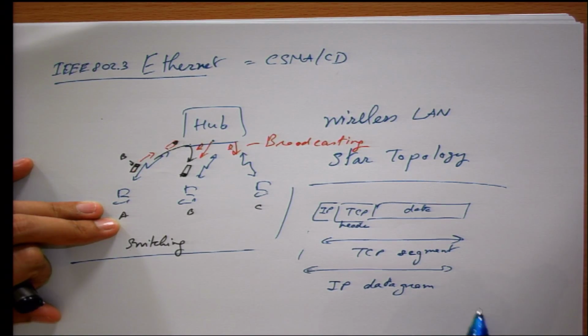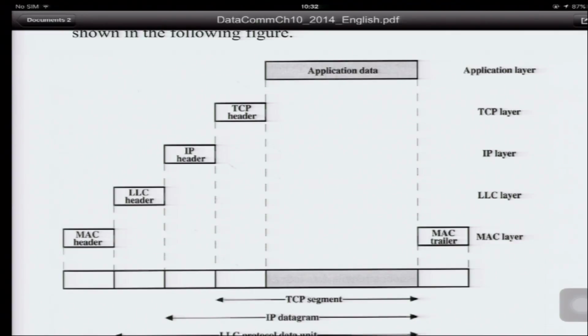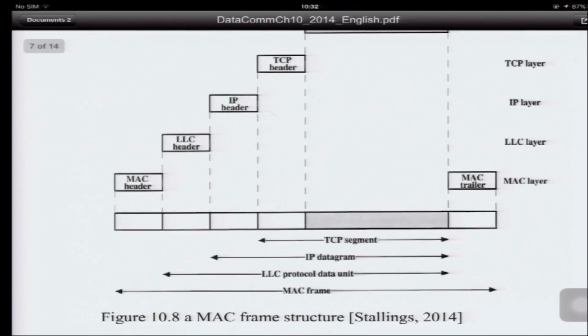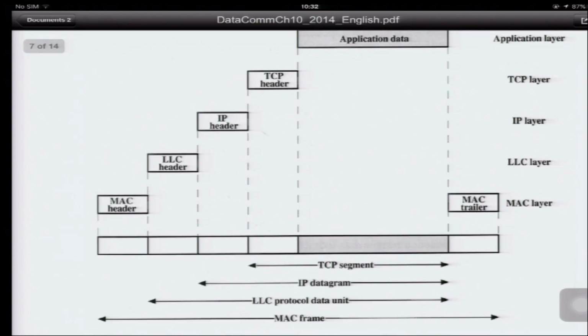Then you put the LLC header on, and it is called an LLC protocol data unit, or LLC PDU. Let's look over here. When you add the TCP header at the TCP level, it's a TCP segment. When you add the IP header, it becomes an IP datagram.